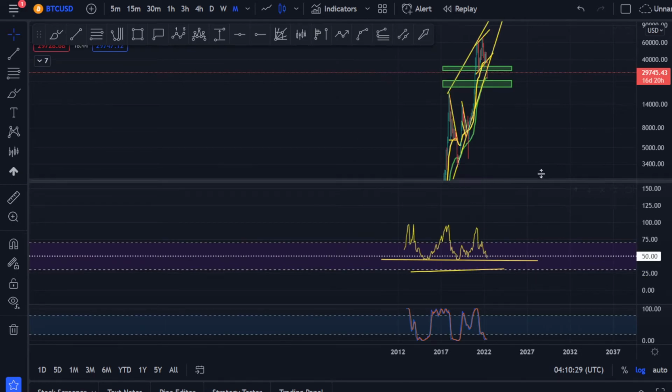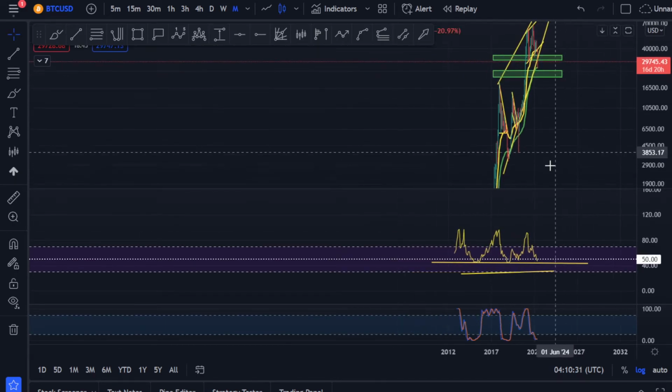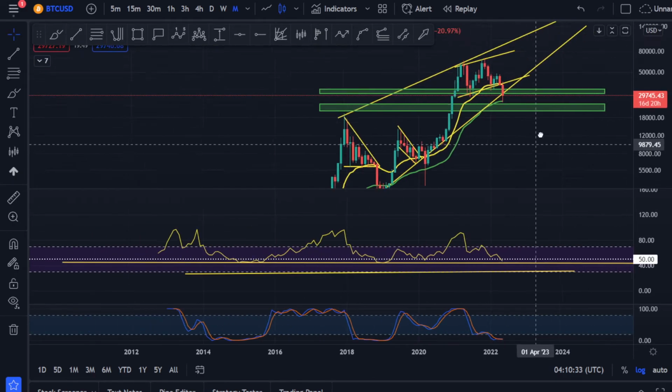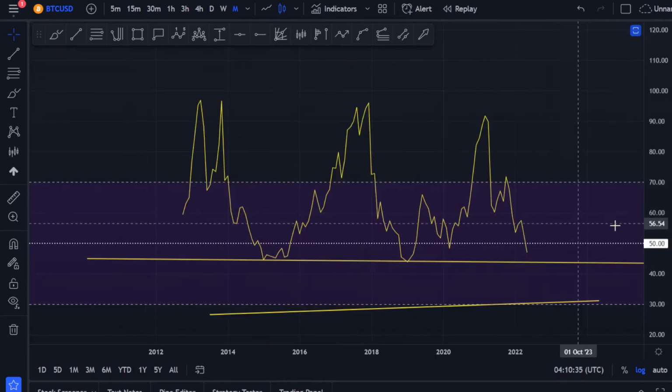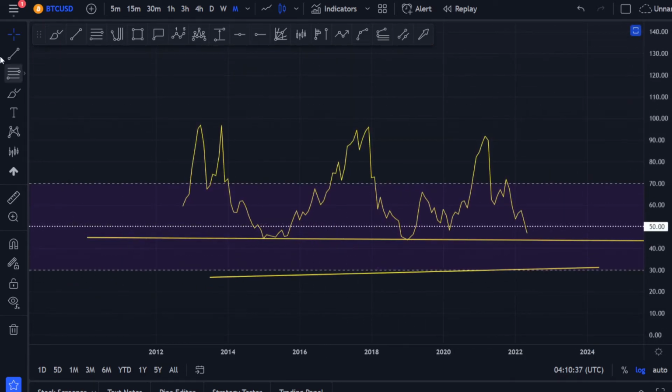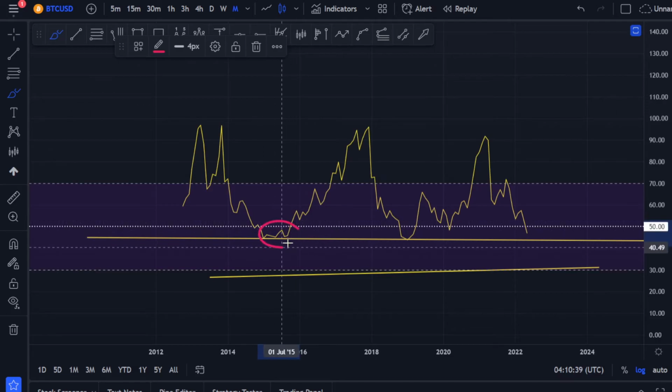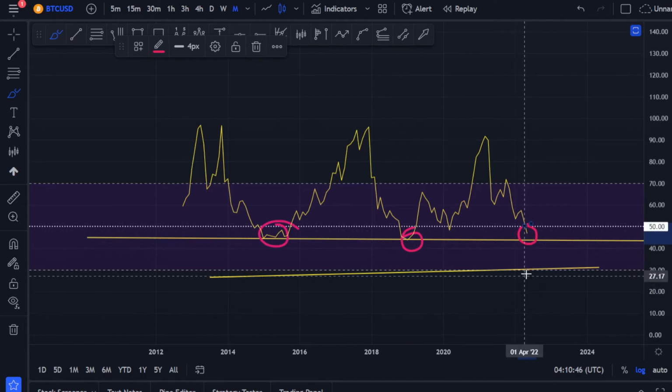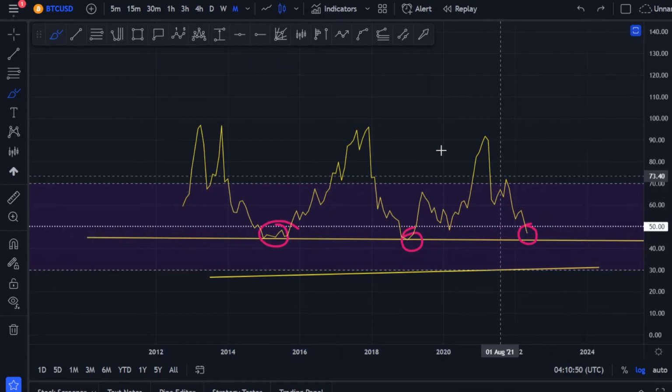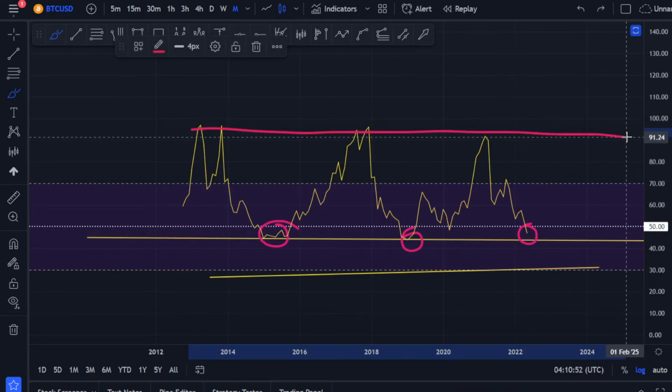Even if you just say, yeah, maybe that's the bottom, or it's going to just start moving up from here. But if you go to the monthly time frame now and you just zoom in a little bit, you can also see in the monthly time frame, very similar. This is the bottom, this is the bottom, this is where the price is right now. So obviously, it's trying to find the bottom, and this is where the support line is in the RSI as well. And you can see this top over here.